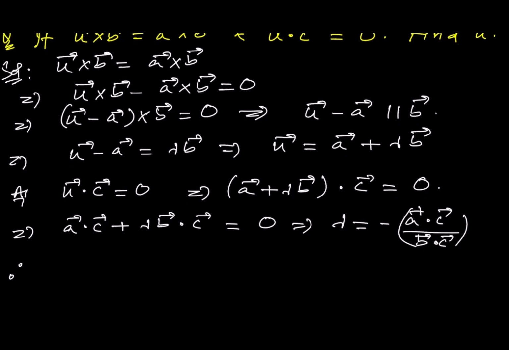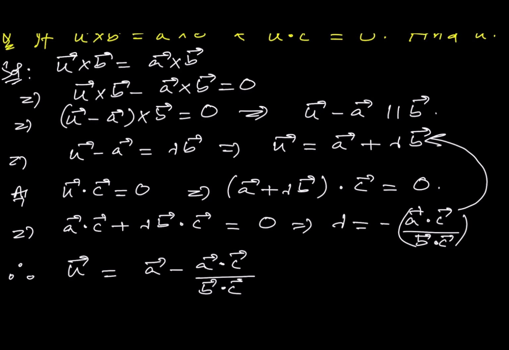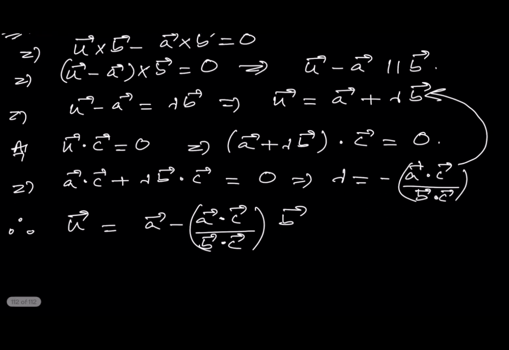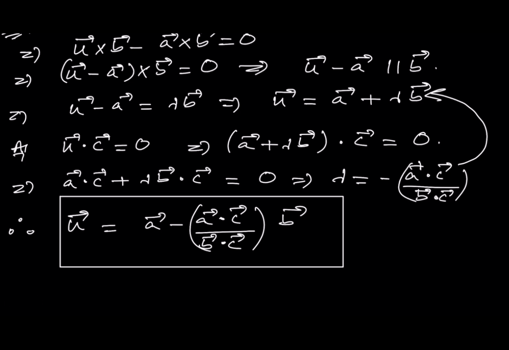So if I place lambda here, then what will I get? I will get u completely. u is equal to a vector minus of a dot c by b dot c times b vector. Okay, now this is the required u vector.